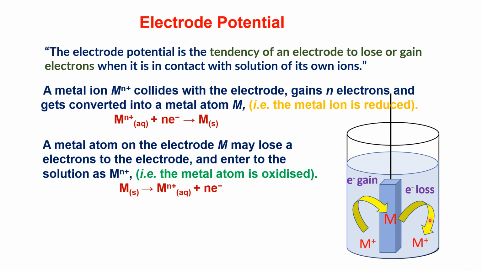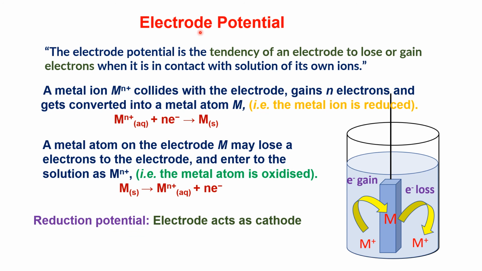So here the loss of electrons takes place, and the loss of electrons is known as oxidation. So the metal in solid form present at the surface of the electrode will oxidize, represented as M going to M+, and an electron will be lost.